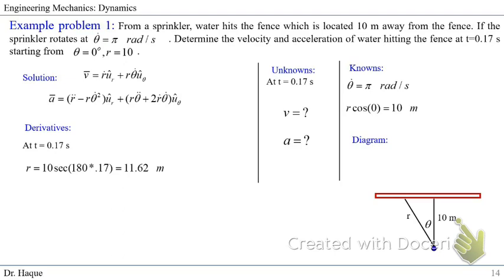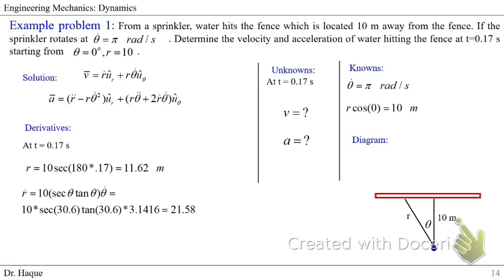That gives us r. At theta equals 0, r was 10, right? Now over 0.17 second, it moved here. So now the distance from the sprinkler to the wall has increased.